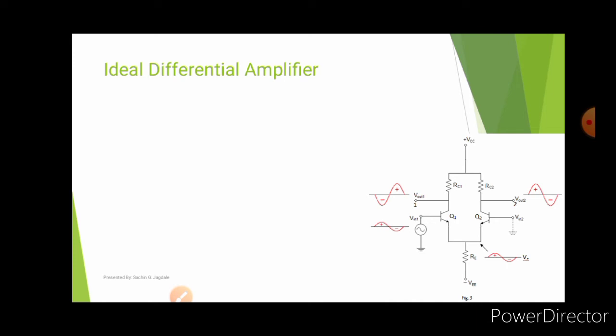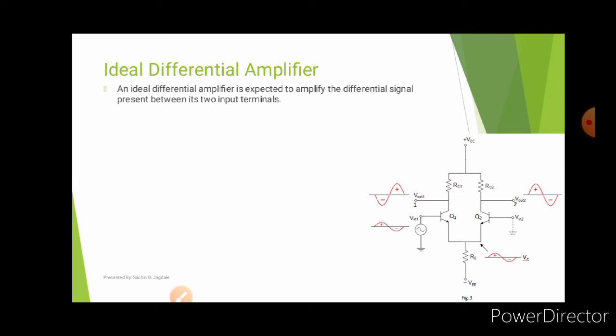Similarly, there are two outputs at the collectors: from the first BJT there is Vout1, and from the other BJT Vout2. When these two collectors are combined, the single output is a differential output. Whatever input is applied, according to that we get a differential output at this point.